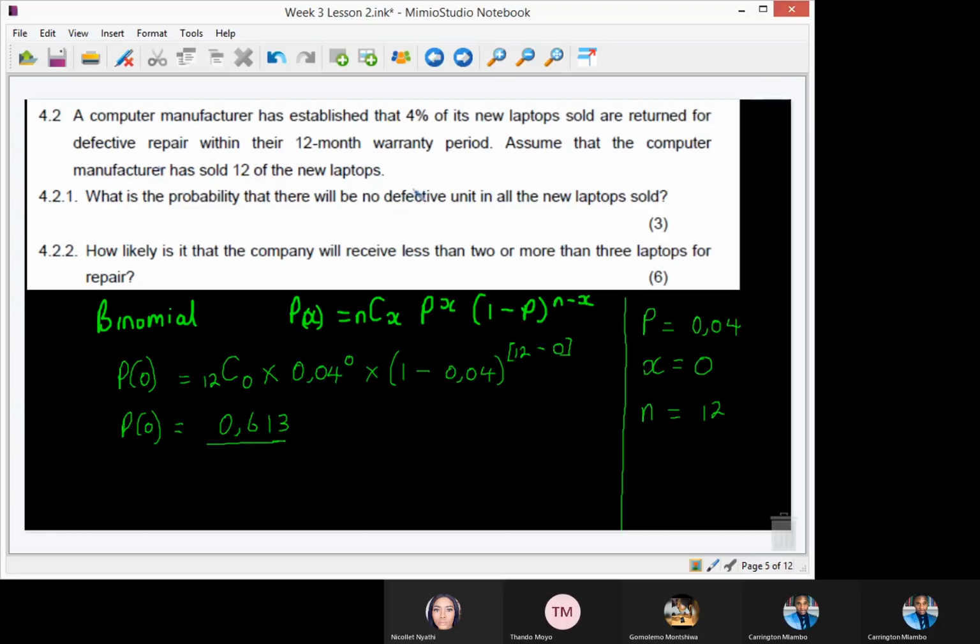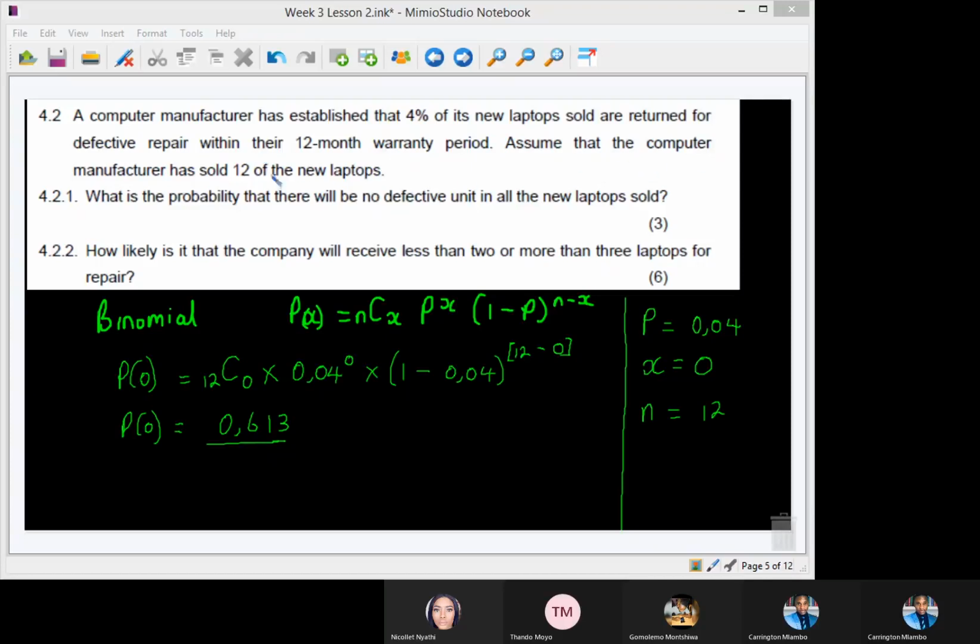Okay. So for this question, for those who are online, someone has joined, so I'm just repeating this part first. It says a computer manufacturer has established that 4% of its new laptops sold are retained for defective repair within the 12-month warranty period.